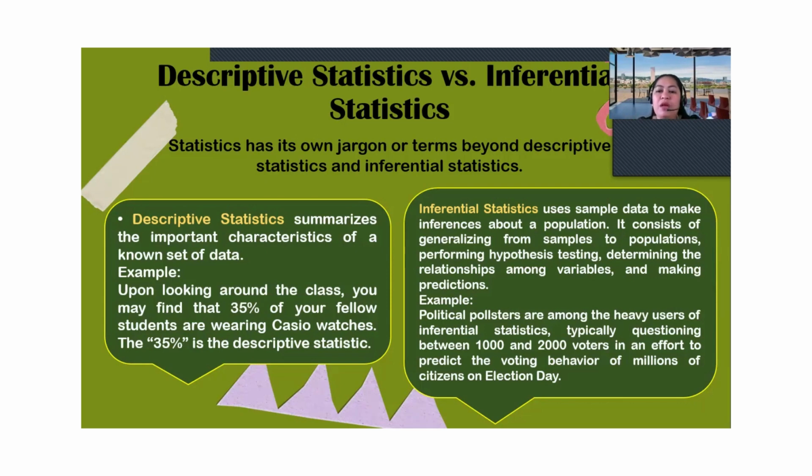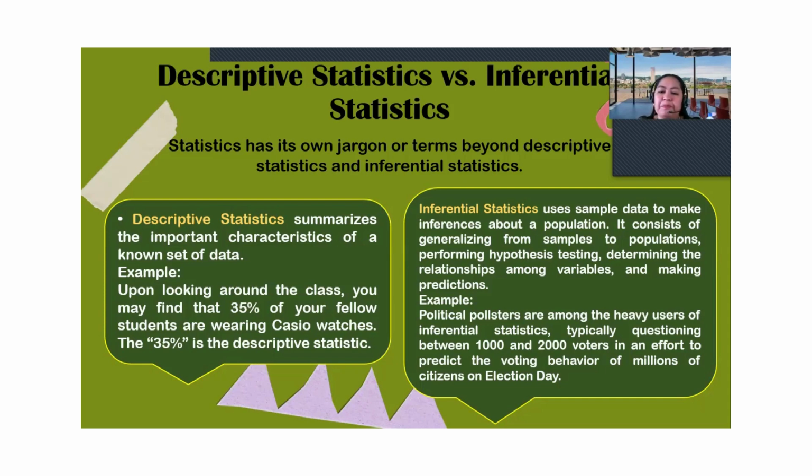Now, on the other hand, inferential statistics uses sample data to make inferences about a population. It consists of generalizing from samples to populations, performing hypothesis testing, determining the relationships among variables, and making predictions.